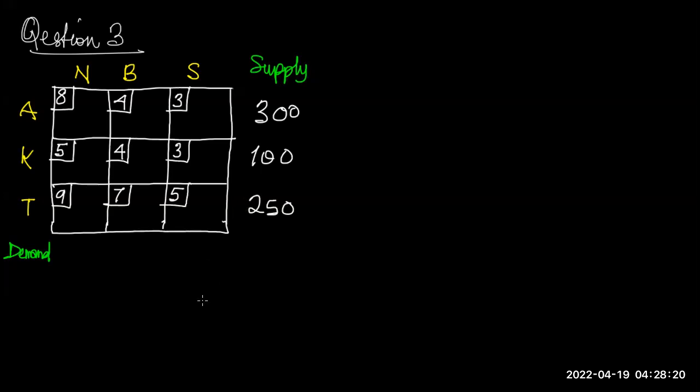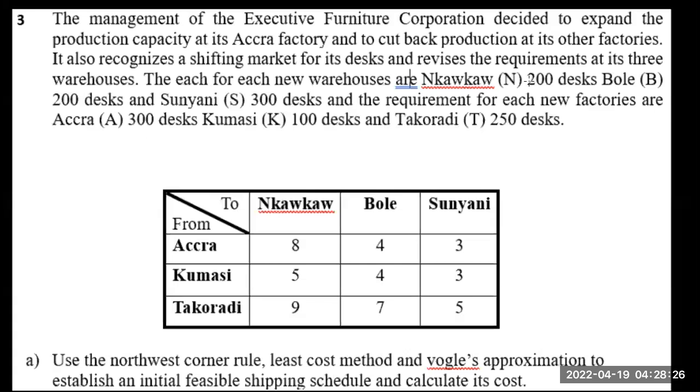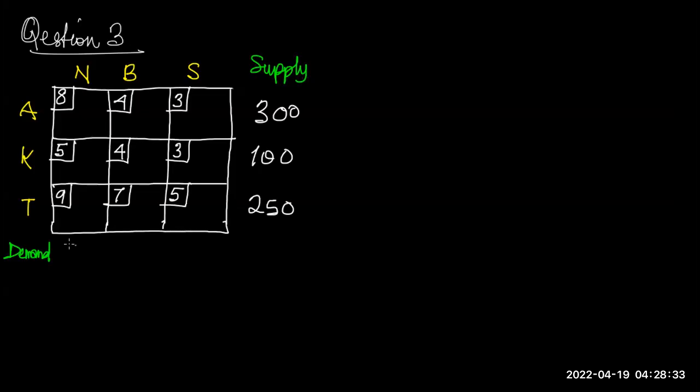Now Nkoko, Bole, and Sunyani: 200, 200, 300.